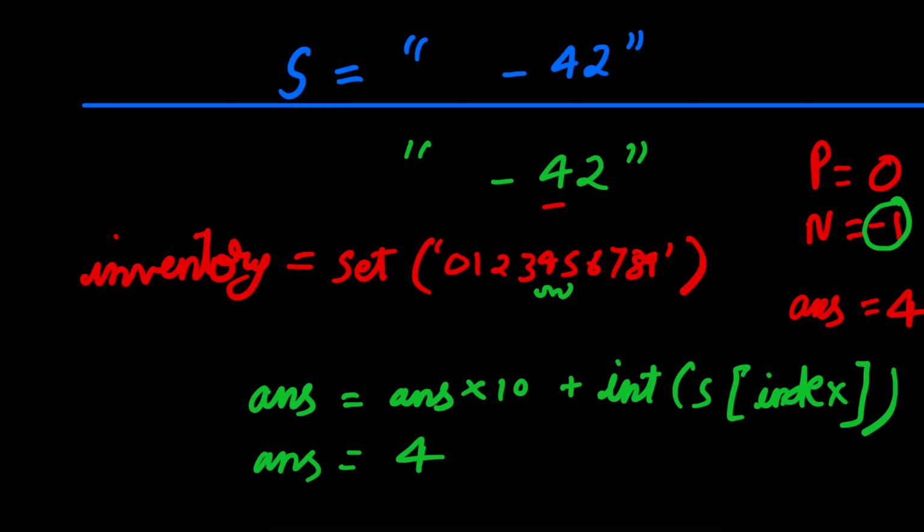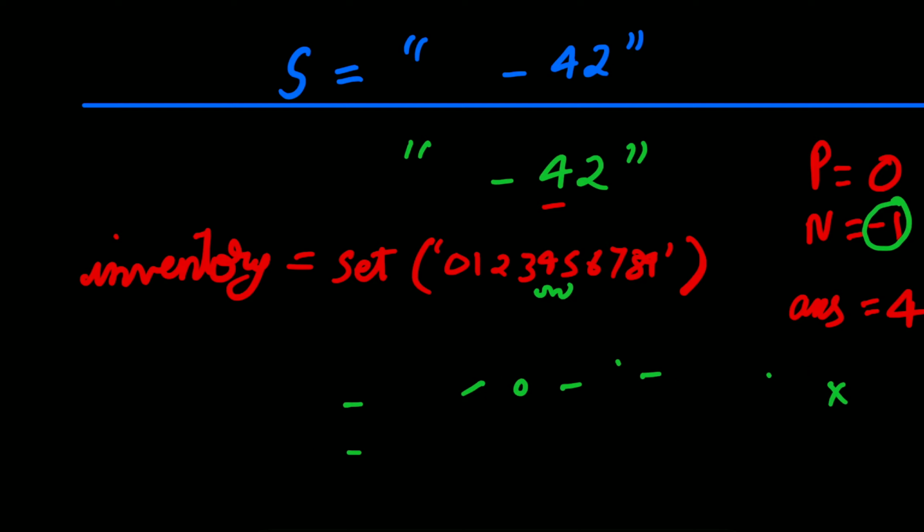So let me erase all this. Okay. Now on the next iteration, we'll do index plus equals 1. In this case, it will go to 2 now. Similarly, answer equals answer into 10 plus the s index, actually the integer of s index.